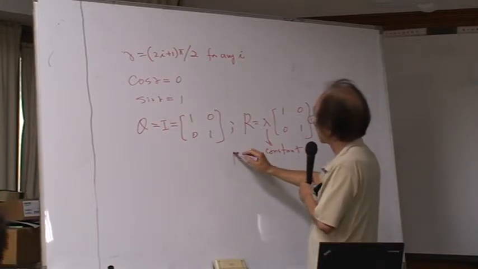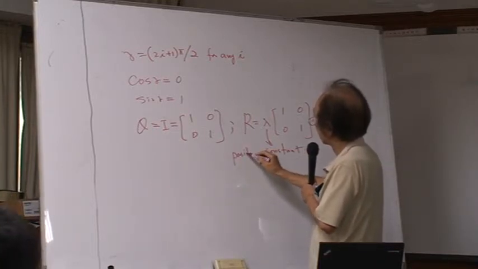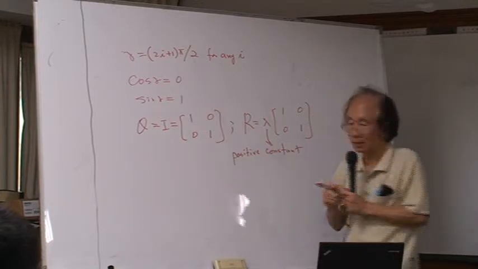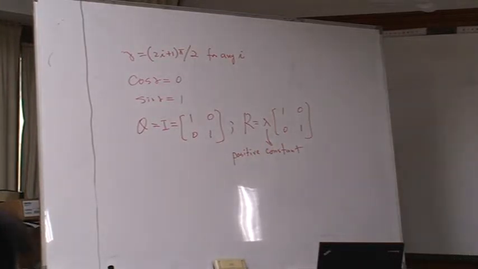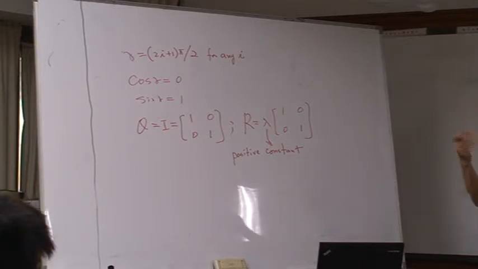And this has to be a positive constant, because R has to be positive. And my desired output will be 0. See, that's what I want, just like an earthquake. My desired output after an earthquake, of course, I want to make sure that I don't have any output.